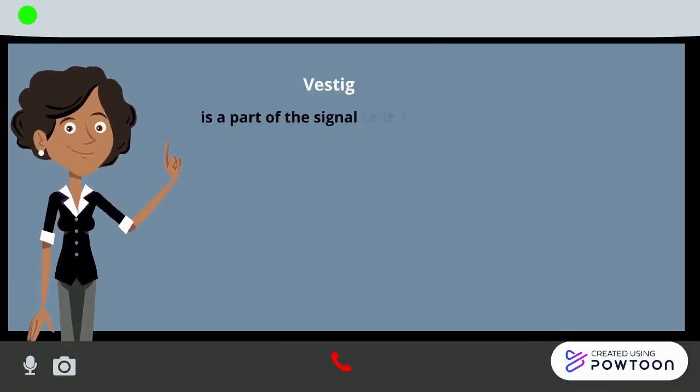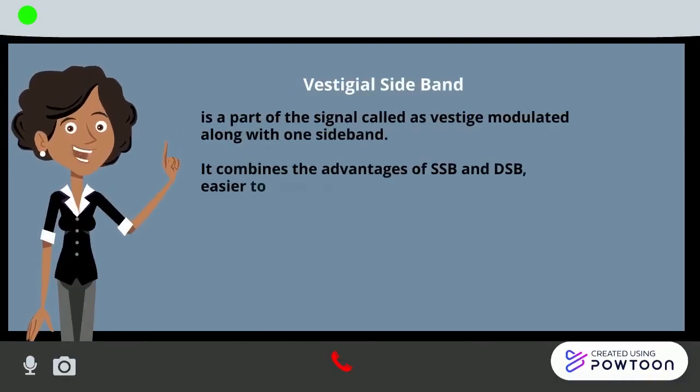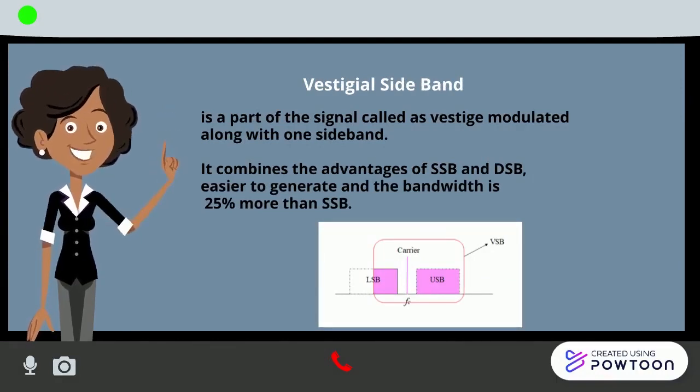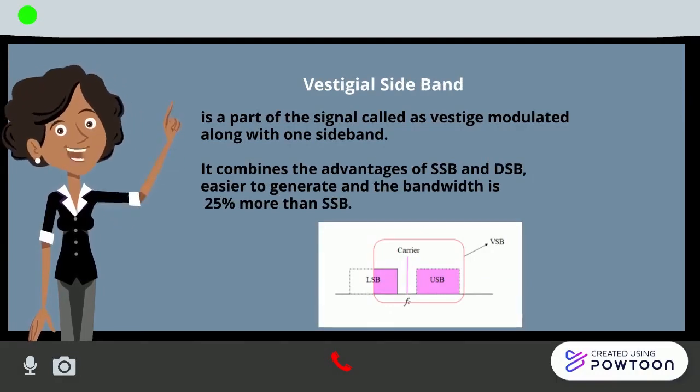Another variant of SSB is VSB. This stands for vestigial sideband. It is a form of signal where one sideband is completely present and the other sideband has been only partly cut off or suppressed. It is widely used for analog television transmission.